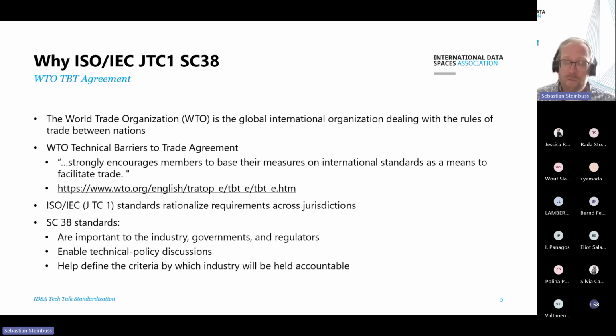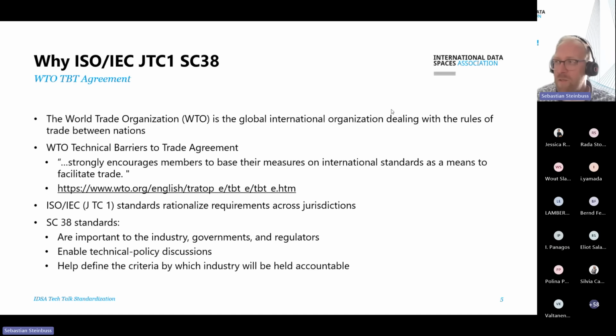So they're really important for industry, for governments to rely on, for regulators, because it's a good foundation to really make organizations work with each other. It enables all those technical policy discussions. So the one thing is what we put inside regulations, and the other thing is how to really enable it in a technical way. So this is an important reason for us to join those international standardization committees, because we really want to enable the exchange of data across different countries and jurisdictions.